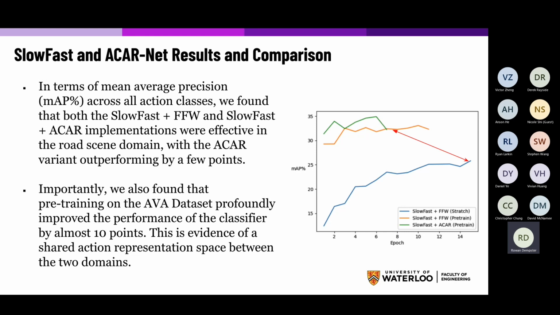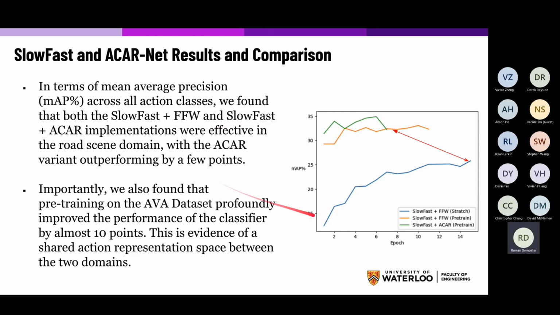Like immediately, just when we started training, basically within the first run through the data set, we'd already basically converged at the final performance of classifying actions in road scenes.